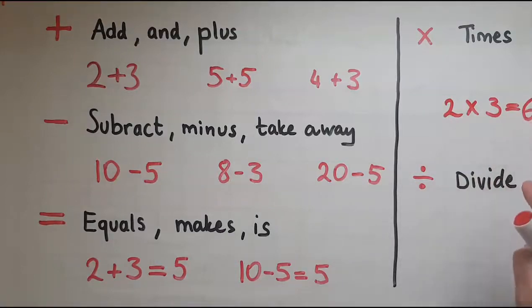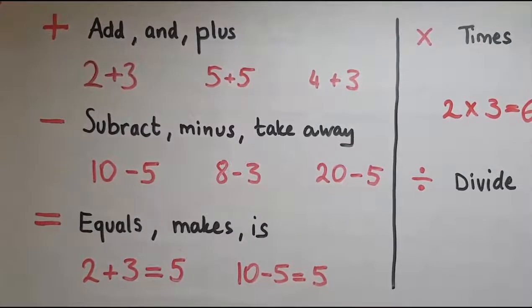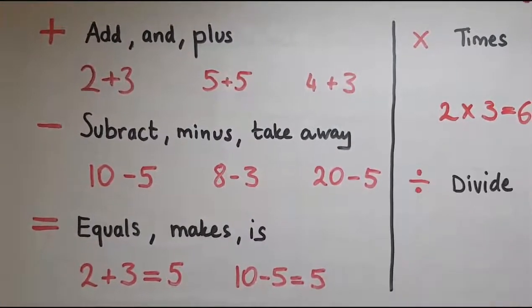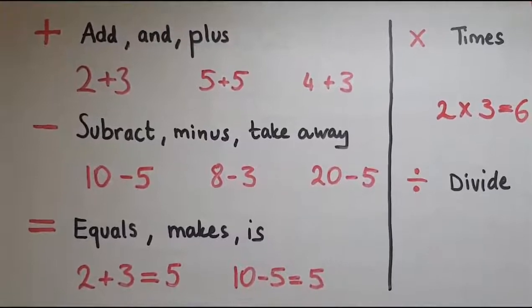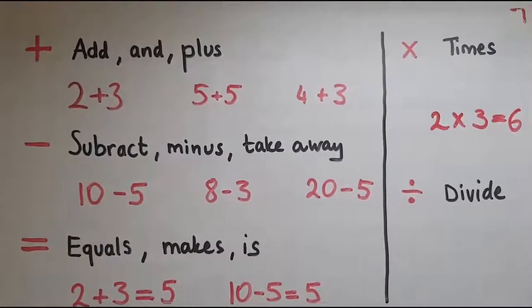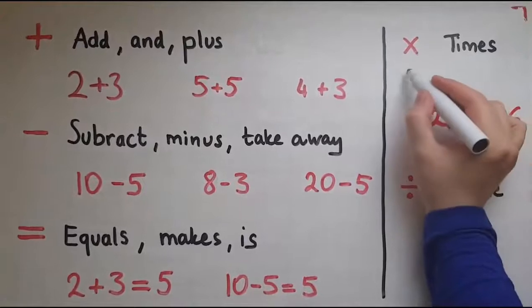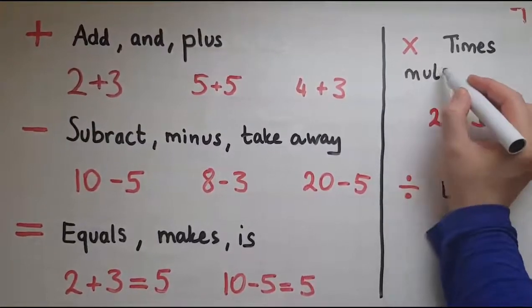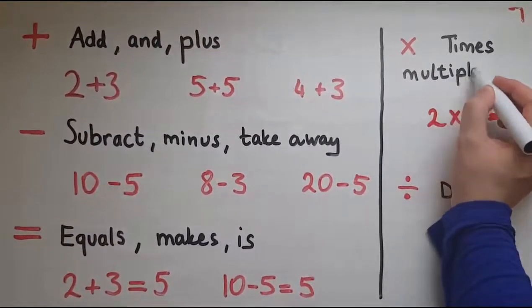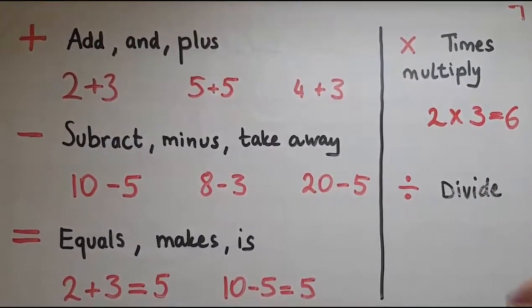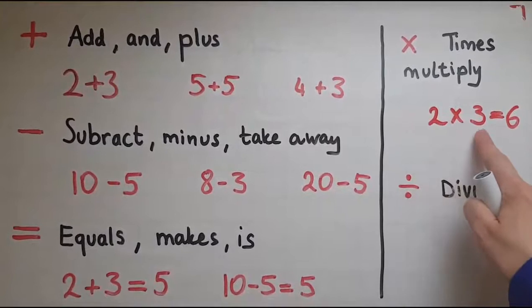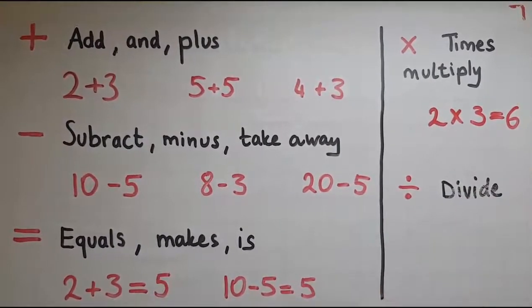So that's how and when we use that symbol. Another word for it is the word multiply. So 2 multiply 3 equals 6.